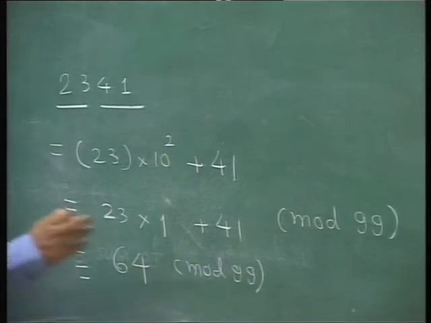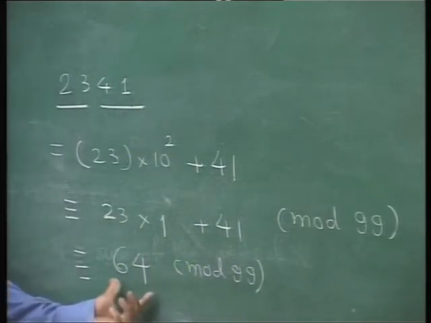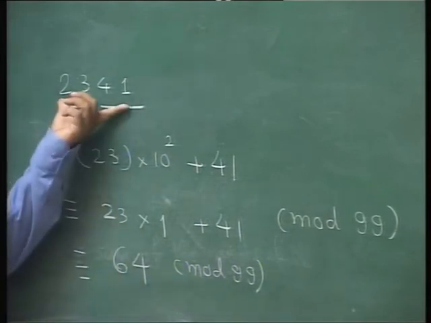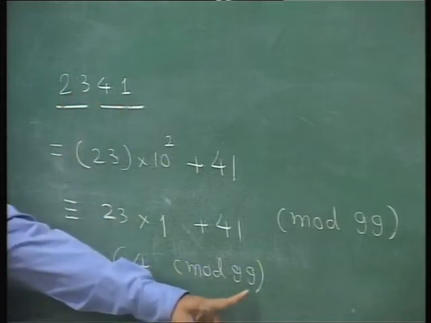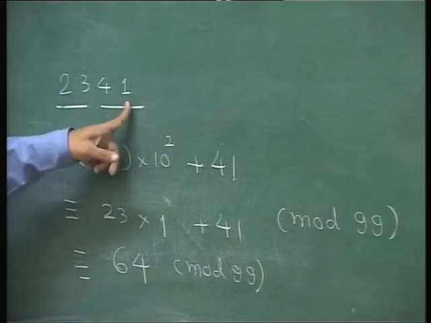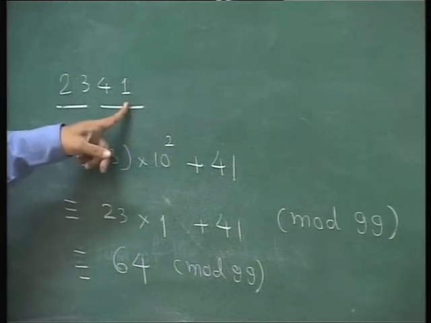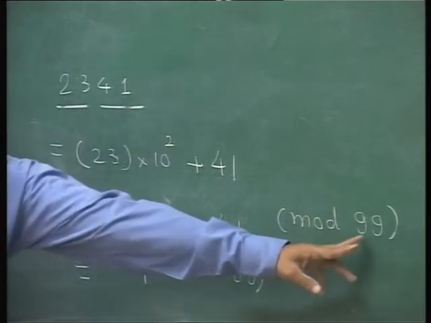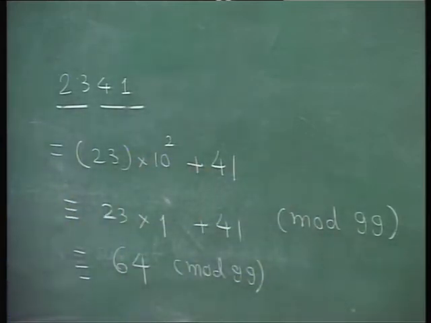Now, we can take any factor of 99 like 3. 3 does not divide 64, therefore 3 does not divide this. 11 is a factor of this. 11 does not divide 64, therefore 11 does not divide this number. So, we can have test of divisibility for all divisors of this number 99.